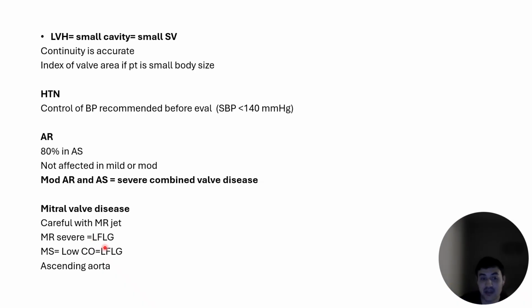That is why, in those cases, if you do a dobutamine stress test, you are going to increase the ejection fraction, but all the blood is still going to the left atrium. So in those cases, I would use the CT calcium score. Mitral stenosis: low cardiac output, low flow, low gradient. Why? Because not enough blood goes to the LA, and not enough blood is going to the LVOT. Also, the ascending aorta, if you have disease there, can also give you abnormal parameters.